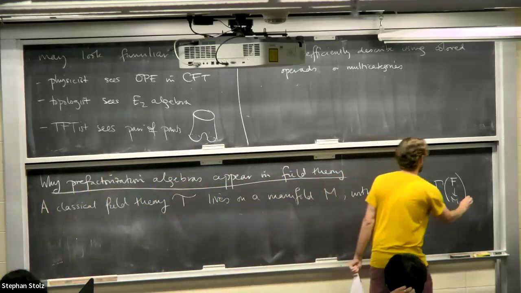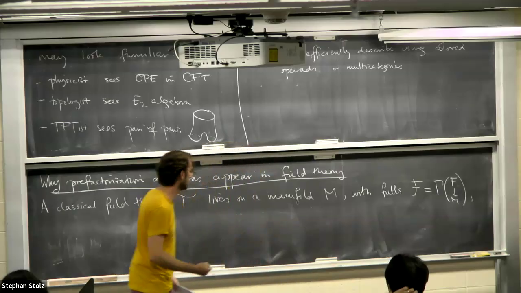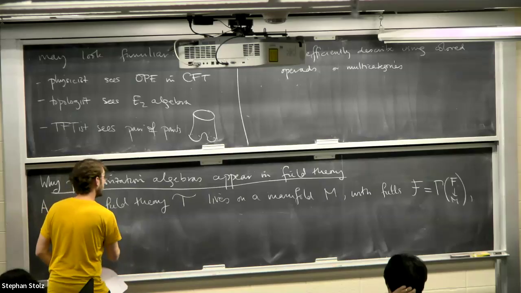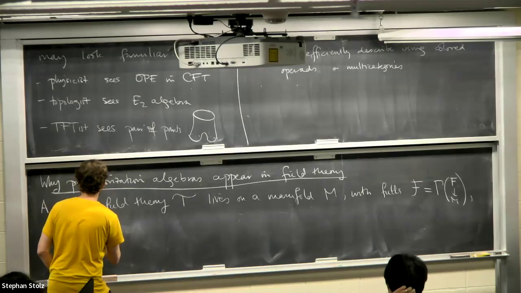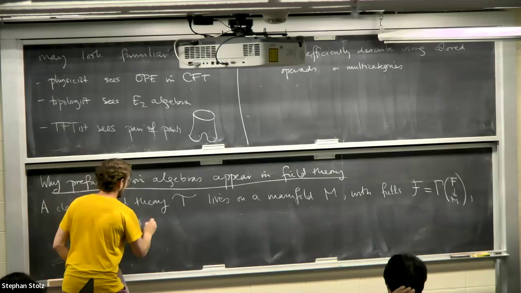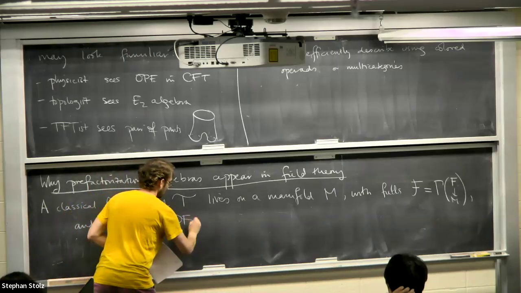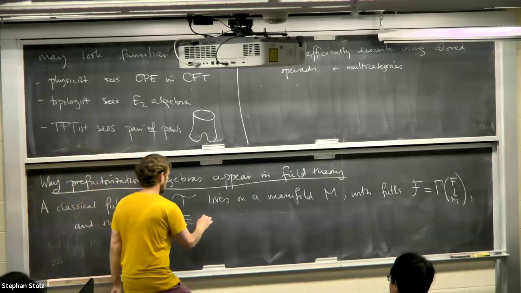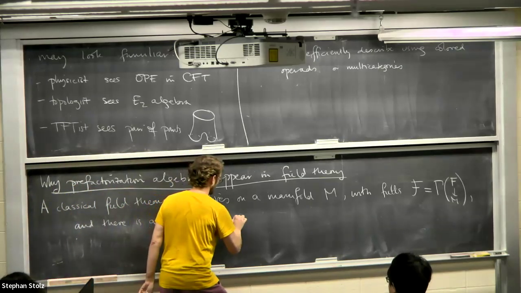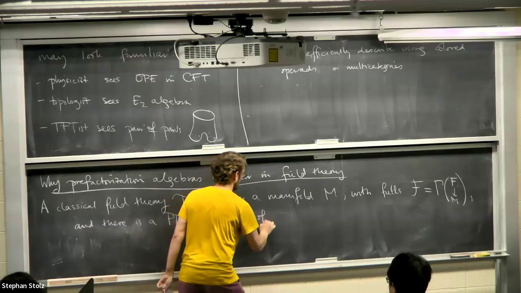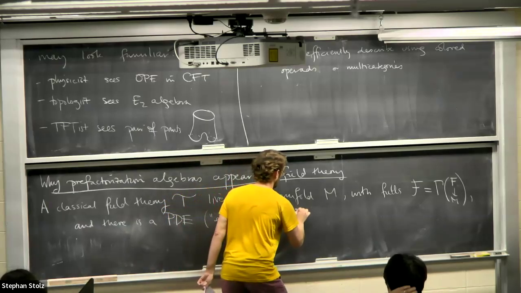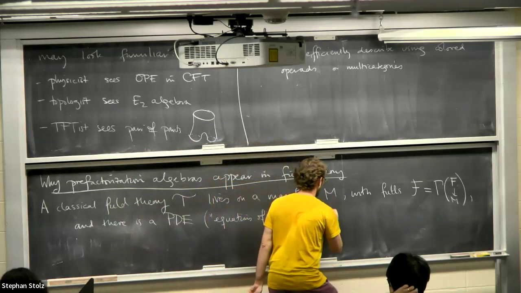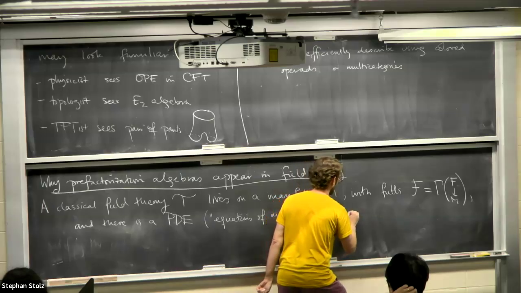And then there's another bit of data, important data. And there is the sort of crucial bit: there's a PDE, which have been called the equations of motion, which picks out inside of the fields some locus.